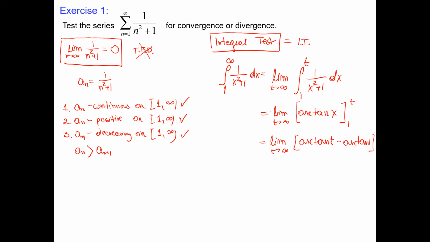Arctangent at infinity, because t goes to infinity, is pi over 2. Arctangent at 1: tangent of what angle is 1? Pi over 4. We do have a finite number. Half minus quarter is a quarter, pi over 4, but we don't even need that number. As soon as it's finite, we know that this integral converges.